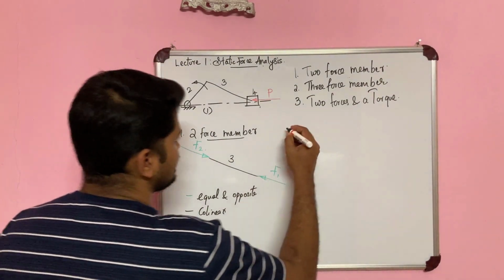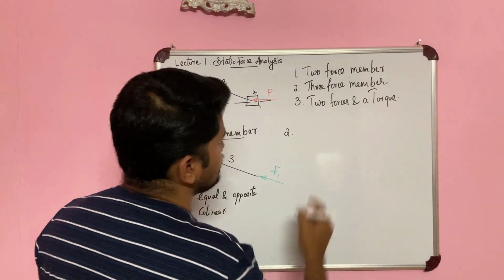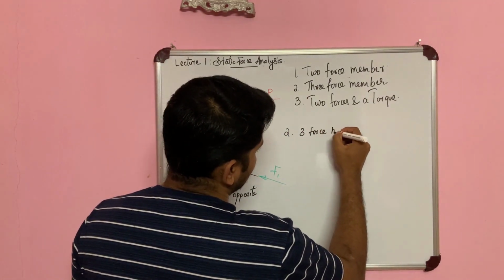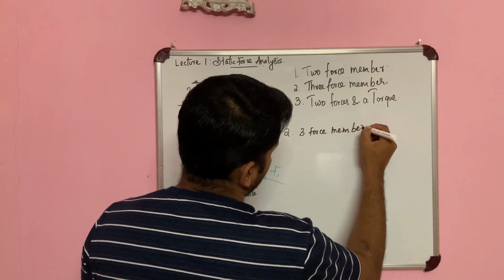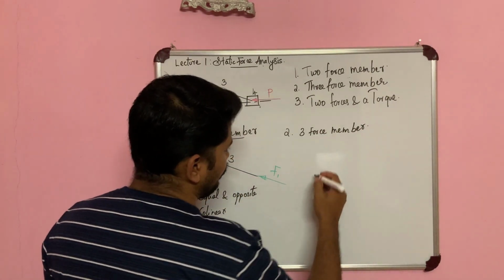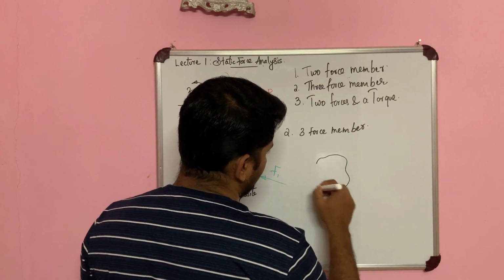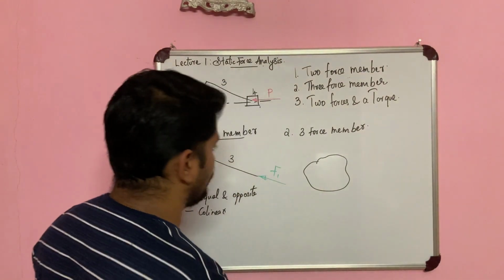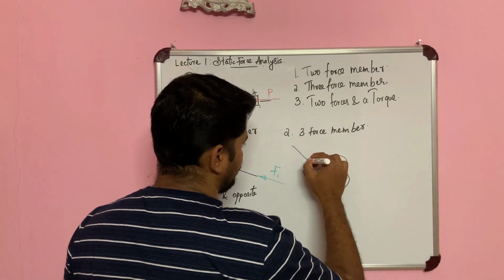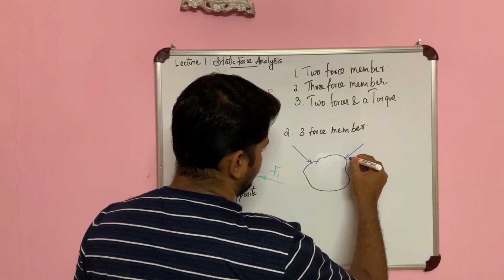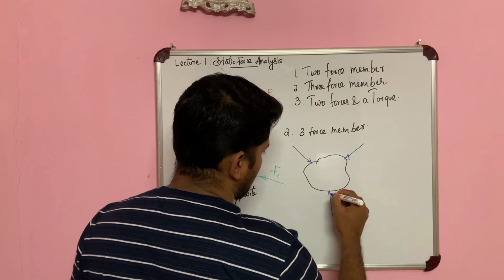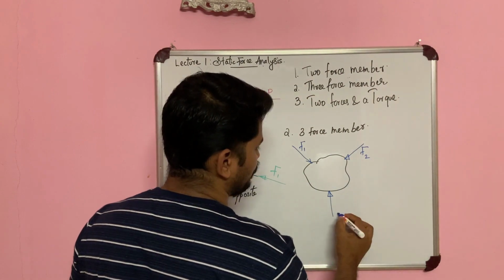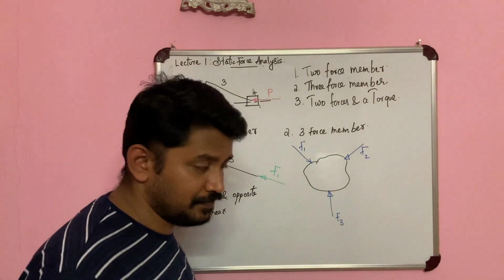Okay. Now the second one is a three force member. Now if I consider a three force member, then you have three forces acting, which are F1, F2 and F3.